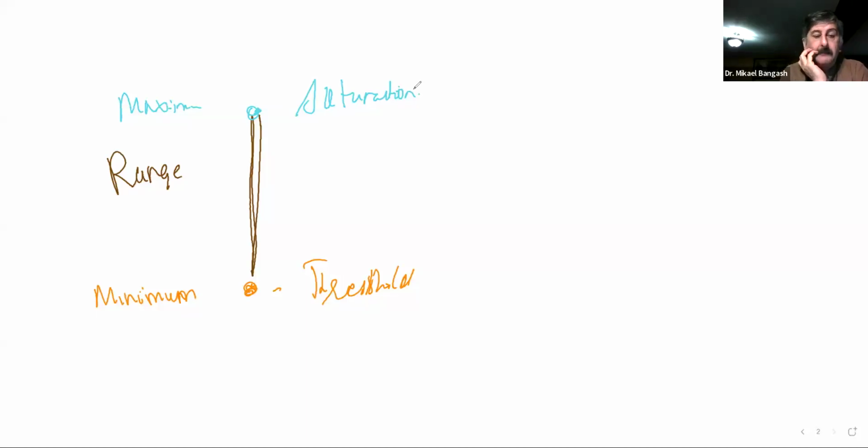Did you guys get that? So the minimum is threshold and the maximum is saturation? Exactly, of your range. Yep. Clear?